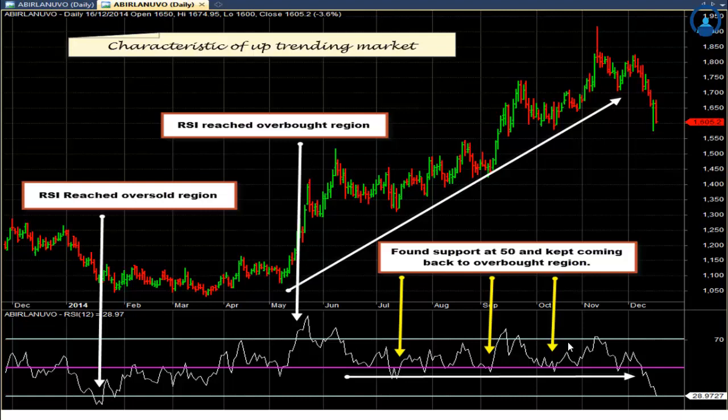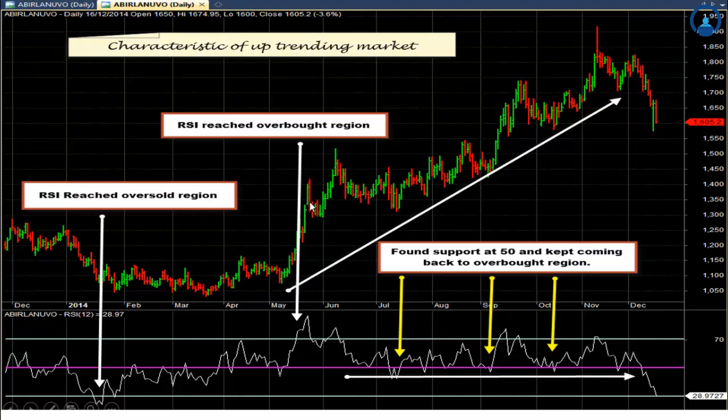and you can see in this region RSI gave a reading of below 30. Prices continued to trade sideways and then rose, and here RSI gave a reading of above 70, indicating that Aditya Birla Nuvo is now in the overbought zone.